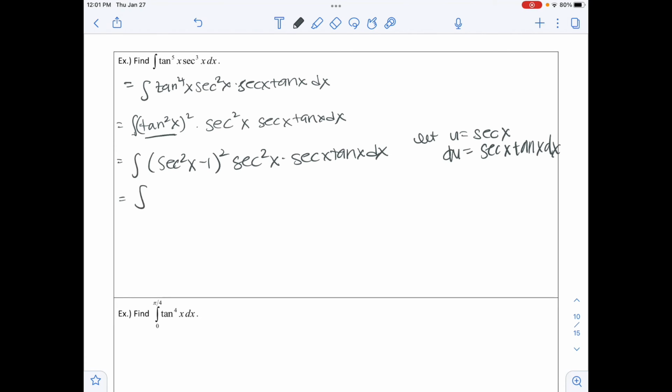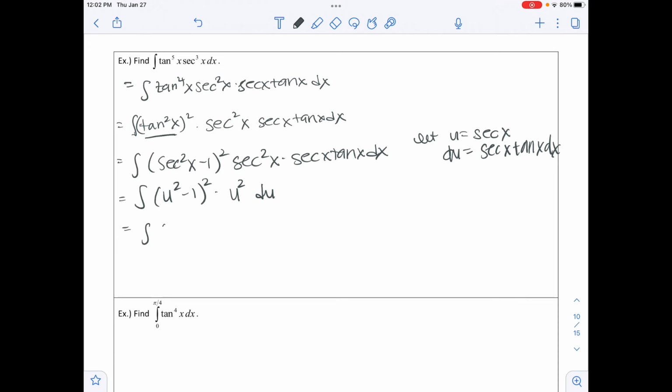So this is now going to become the integral of, we have u squared minus 1 quantity squared times u squared, and then secant x tangent x dx is the same thing as du. So from here we can multiply out u squared minus 1 and then distribute in the u squared that's outside of the parentheses.